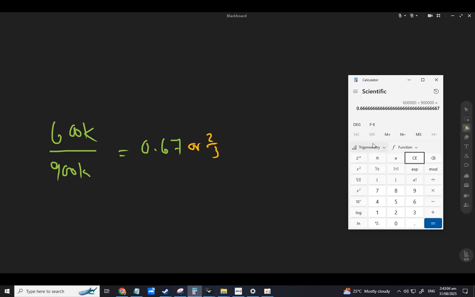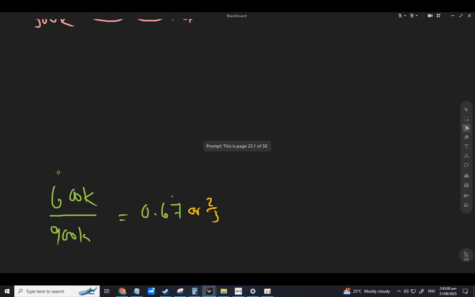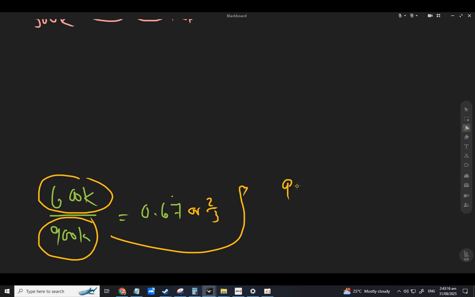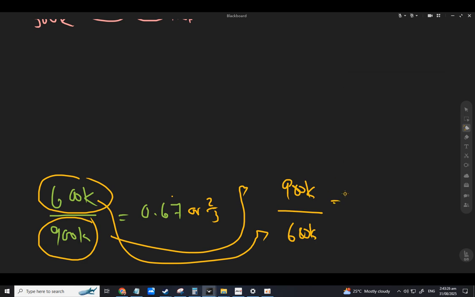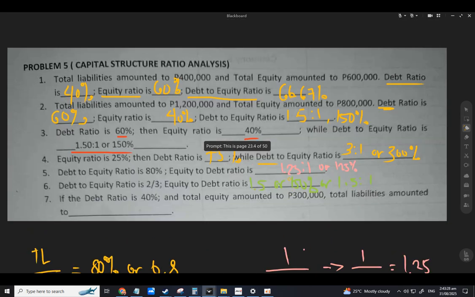I'll show you. It's 2/3. 2 divided by 3, di ba? Ito yung total liabilities, and this is the total equity. Paano kapag pabaliktarin mo siya? Ito yung nasa taas na, 900K, at yung 600K naman, ito dito. You will see, 900,000 over 600,000, that will be 1.5. Hmm, di ba?